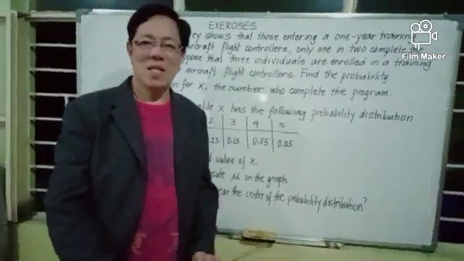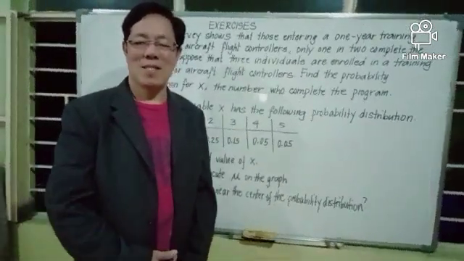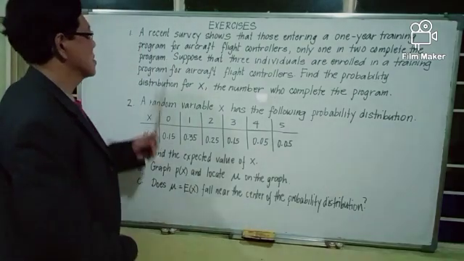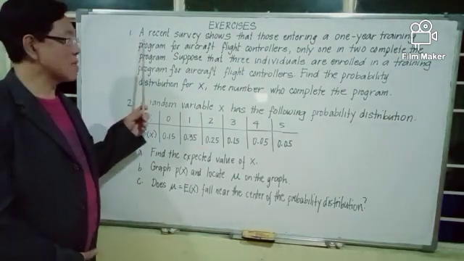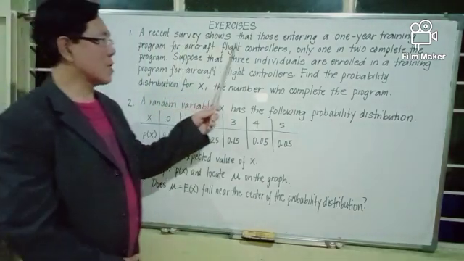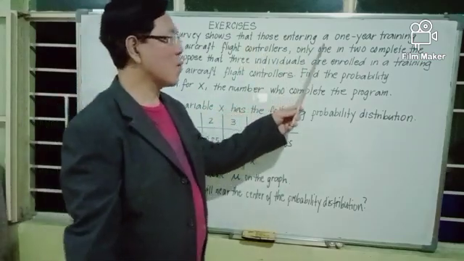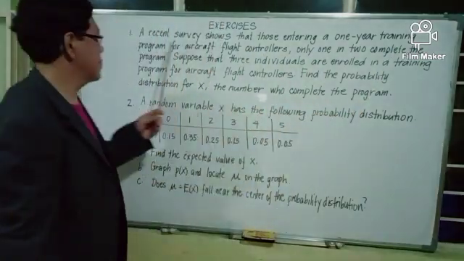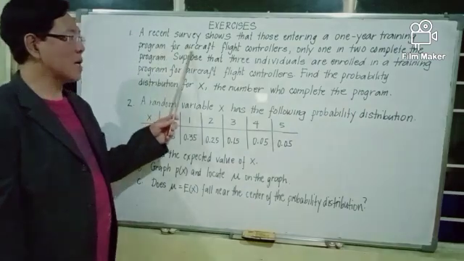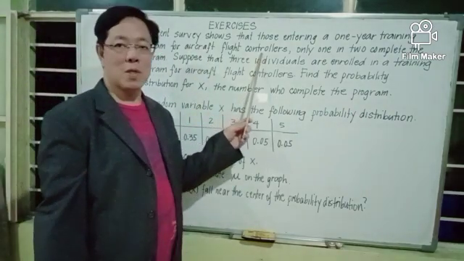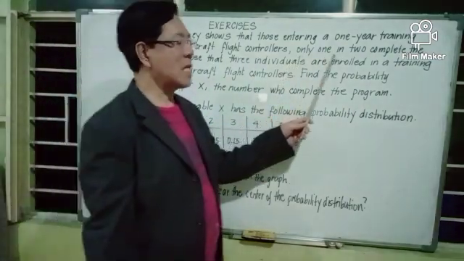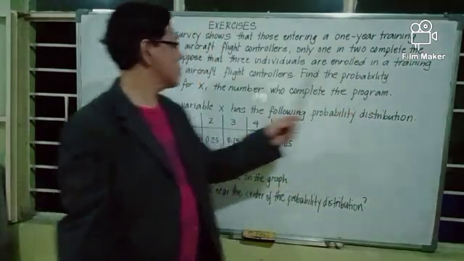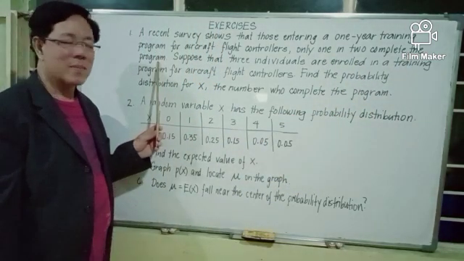For your practice, please try the following exercises. Number 1, a recent survey shows that of those entering a 1-year training program for aircraft flight controllers, only 1 in 2 complete the program.